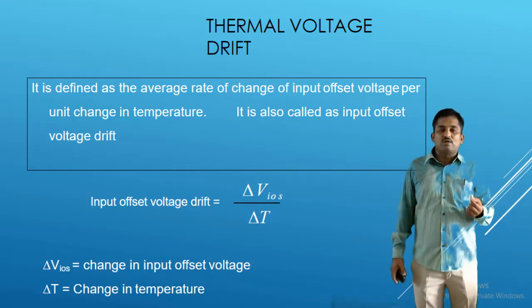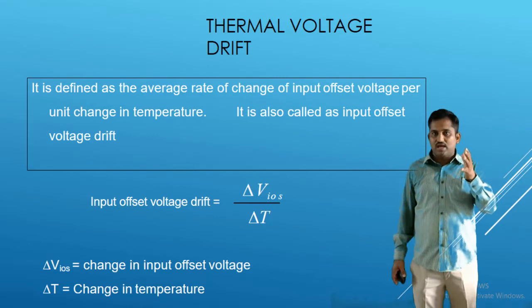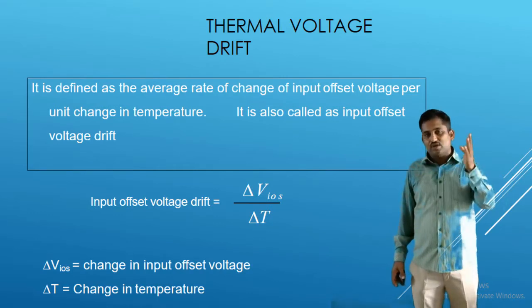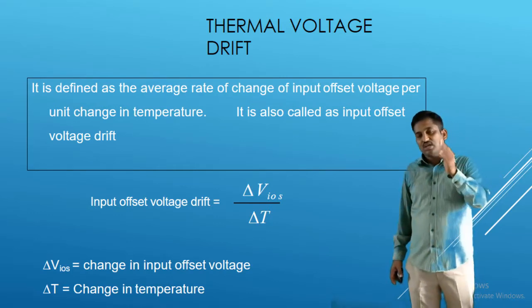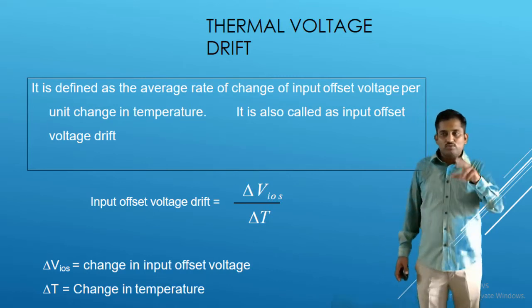So the rate of change, first I am expressing the variation of input offset voltage with respect to the temperature. How can we express this?